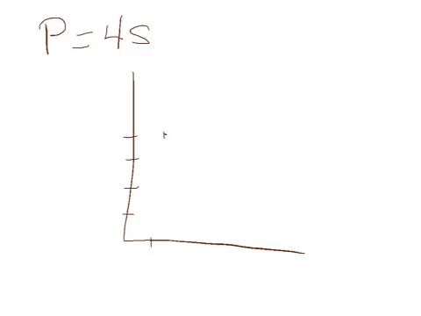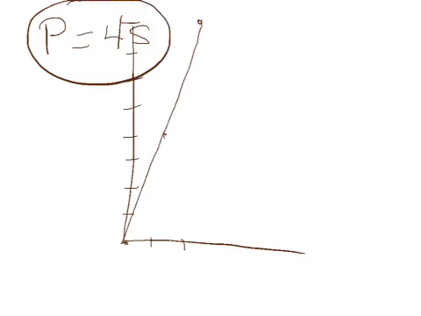If the side length is 2, then the perimeter is going to be really off our graph, but it would be 8. And if the side length was 0, then actually the perimeter would be 0 too. So not only is this a linear relationship, but it is also a linear relationship that passes through the origin. So this is an example of a direct variation.